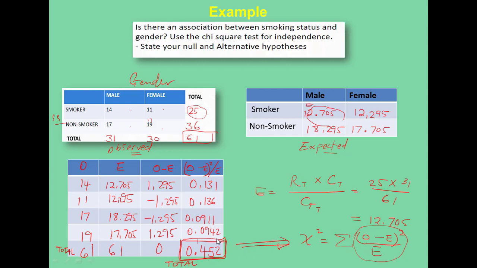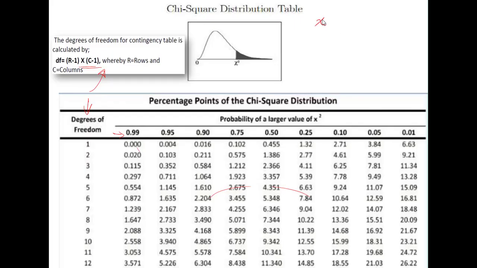So we use this number now to determine whether or not there is an association between our variables, right? So our chi-squared is 0.452. Our degrees of freedom is equal to the number of rows, which is 2, minus 1, times the number of columns, which is 2, minus 1, which is equal to 1.